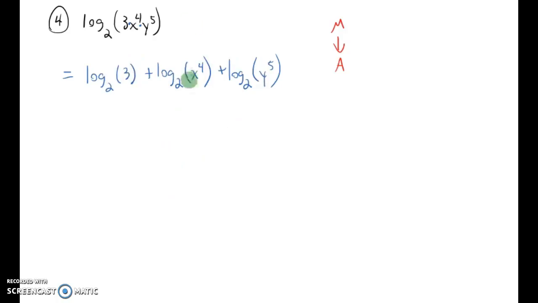Now, we're not quite done because we have to look at each of these separately and see if they expand further. Log base 2 of 3 doesn't get any simpler, so I leave that one alone. But here I have an exponent, and here I have an exponent, and exponents drop down to become multiplication. In other words, those exponents will jump down to the front of their respective logs.